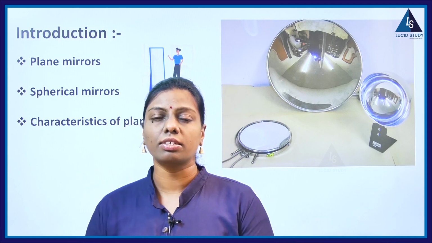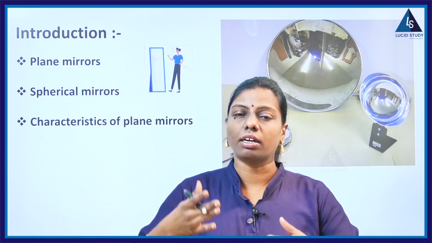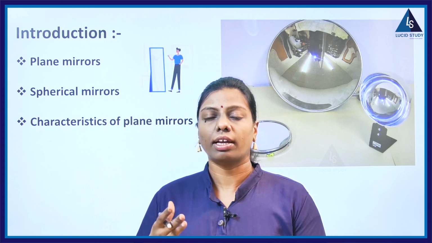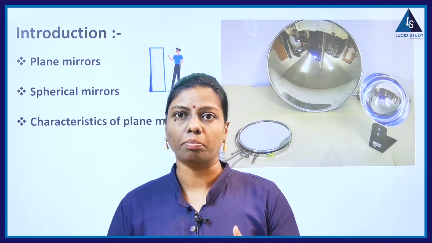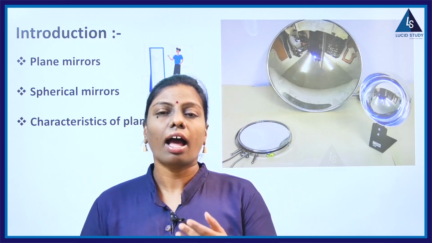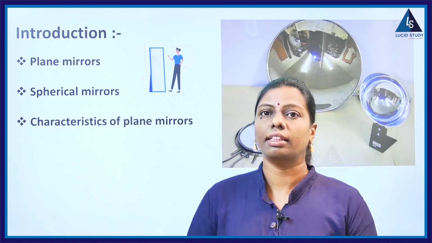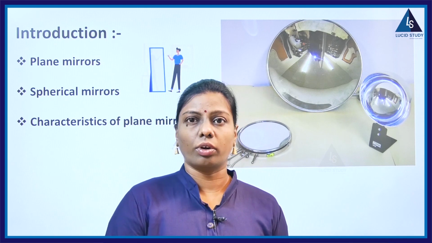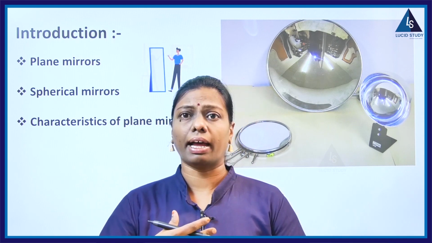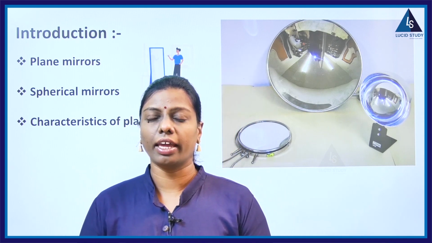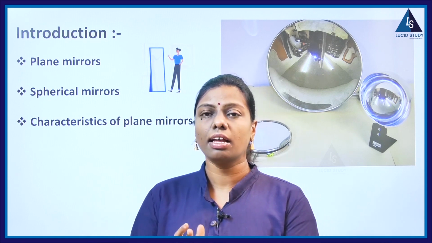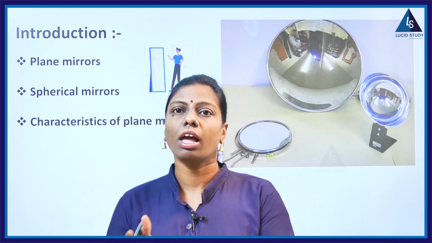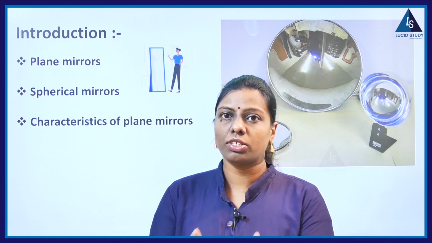Any mirror is coated with the help of silver or aluminium. As silver is costly, aluminium is coated. A thin layer of aluminium is coated, and that aluminium coated surface is protected by paint. Silver acts as the best reflector. In the same way, aluminium also acts as a good reflector.